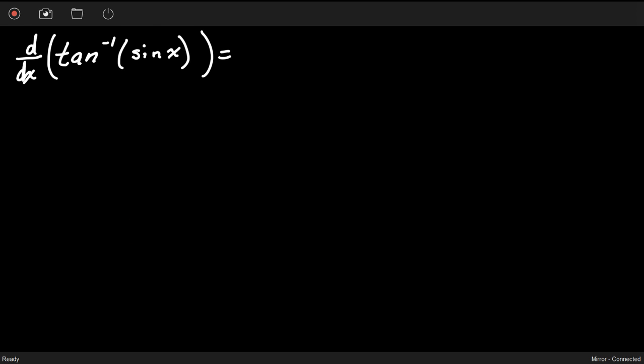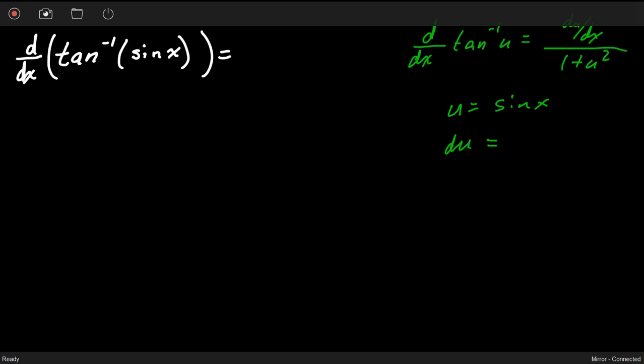All right, so now a derivative of an inverse trig function. So the derivative of tangent inverse of u is du dx over 1 plus u squared. So here in this situation, our u value is sine of x, which means du is equal to cosine of x.